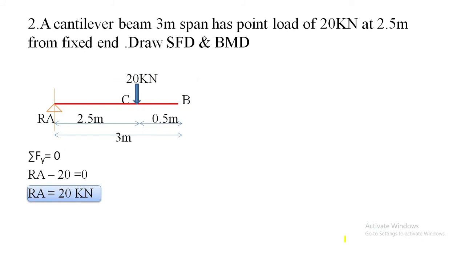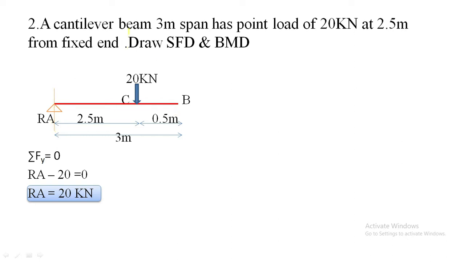In the second problem, a cantilever beam of 3 meter span has a point load of 20 kilonewton at 2.5 meter from the fixed end. Draw SFD and BMD. So this is our cantilever beam, whose one end is fixed, that is RA end is fixed, and B end is free.